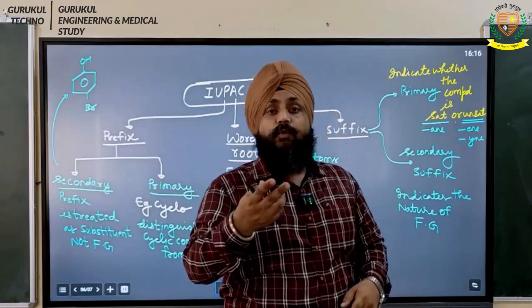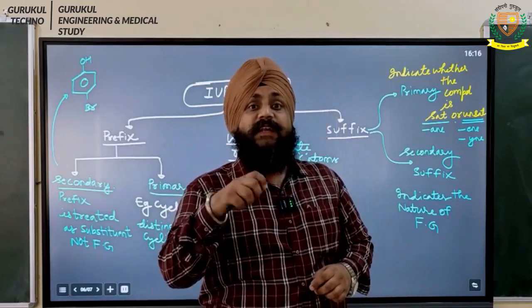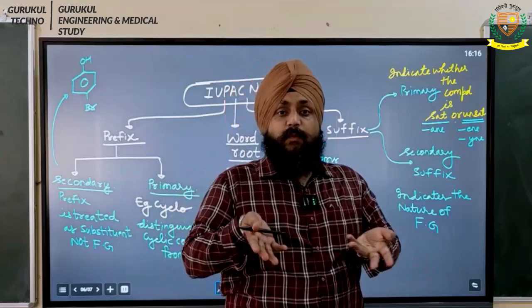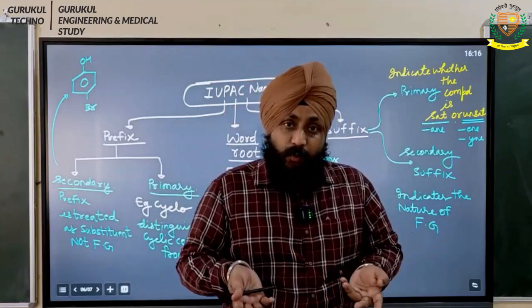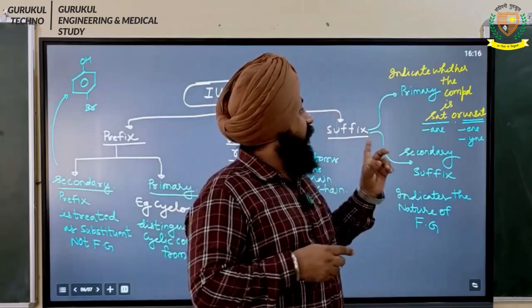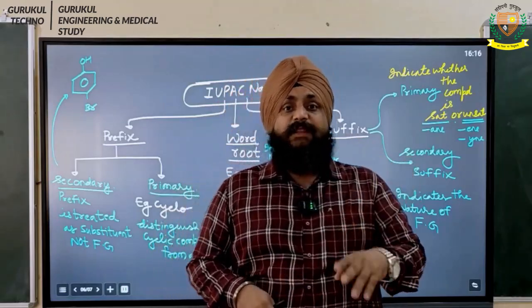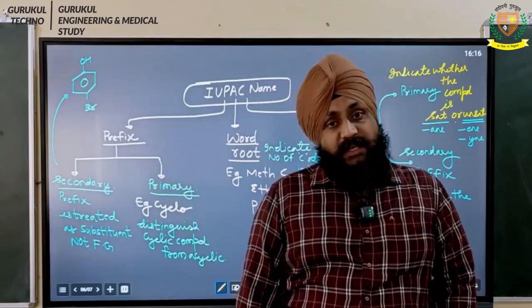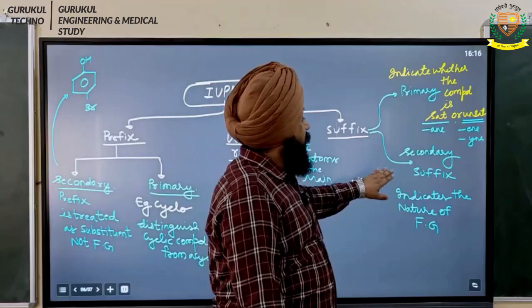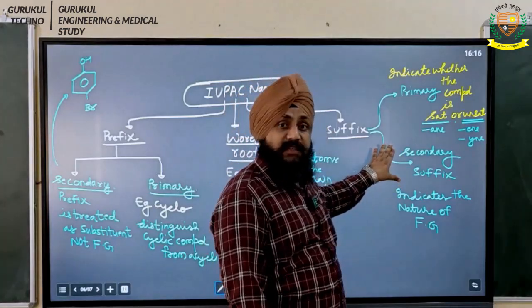If there are two double bonds, you will be using diene. If there is one double bond, one triple bond, you will be using enyne. Okay students, so this primary suffix will tell you whether the compound is saturated or unsaturated.